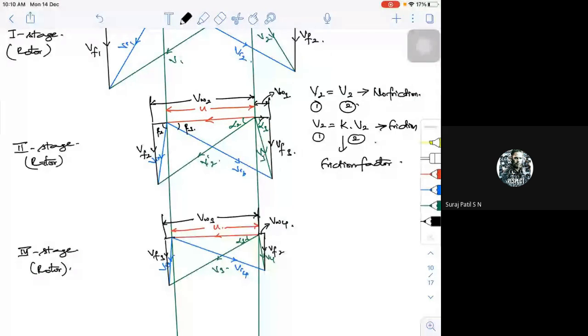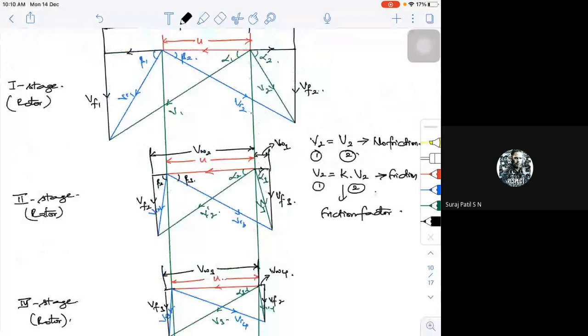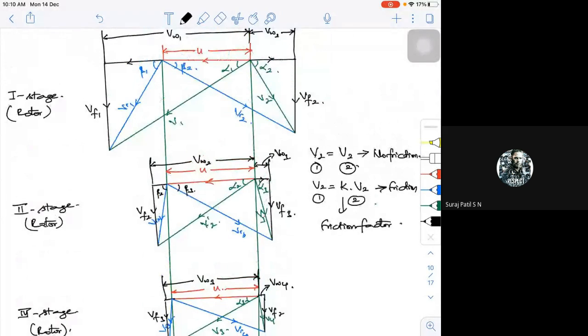So with friction, what will happen? These velocities will slightly become smaller. That means your velocity triangle, that is energy available, will become smaller. So this is about your multi-stage steam turbine, axial flow steam turbine.